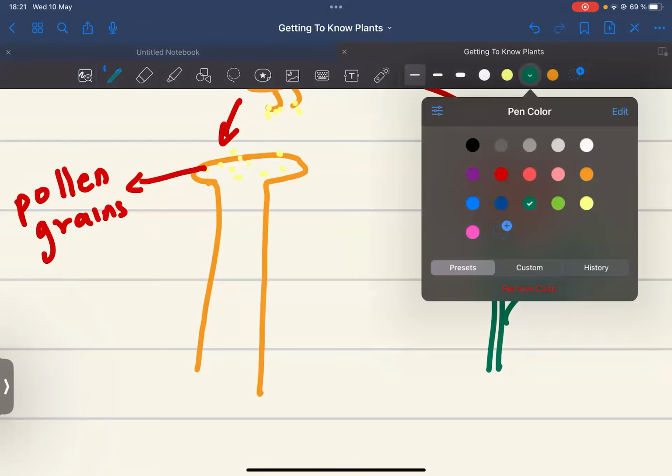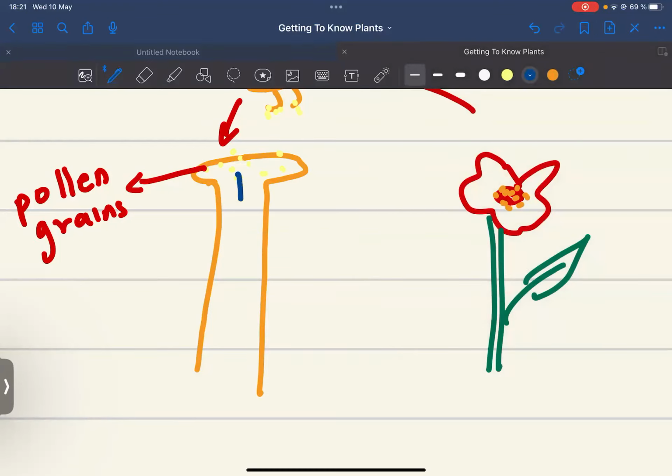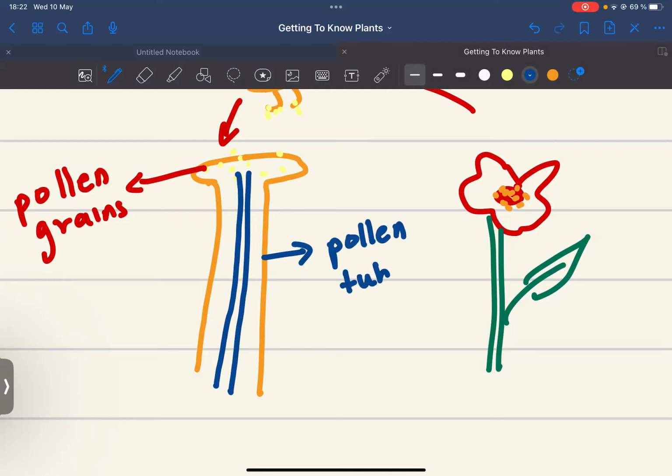Okay. So these pollen grains, they travel here. There is a tube in the center of the filament or the fringe of the stamen. This is known as the pollen tube. These pollen grains, they travel down.